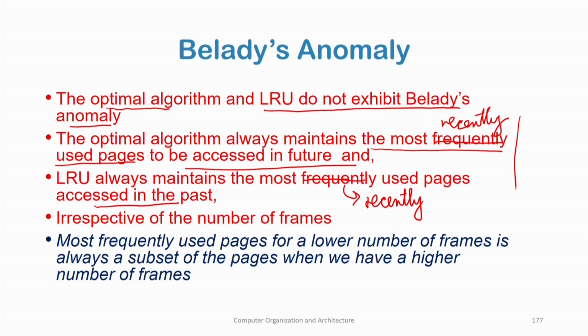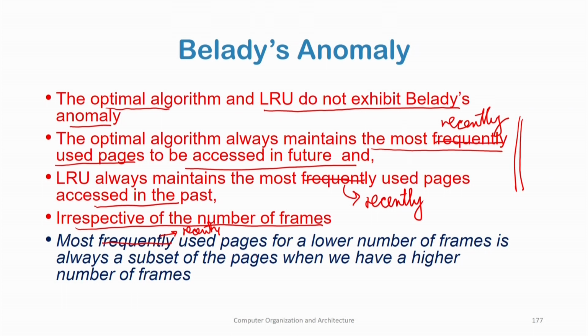Whatever I have written here may not be exactly correct, but I am saying that the optimal algorithm keeps at any point in time the pages to be accessed soonest in future, and LRU keeps the most recently used pages accessed in the past, irrespective of the number of frames. So, irrespective of the number of frames, both these algorithms keep the most recently accessed pages. Now, most recently used pages.